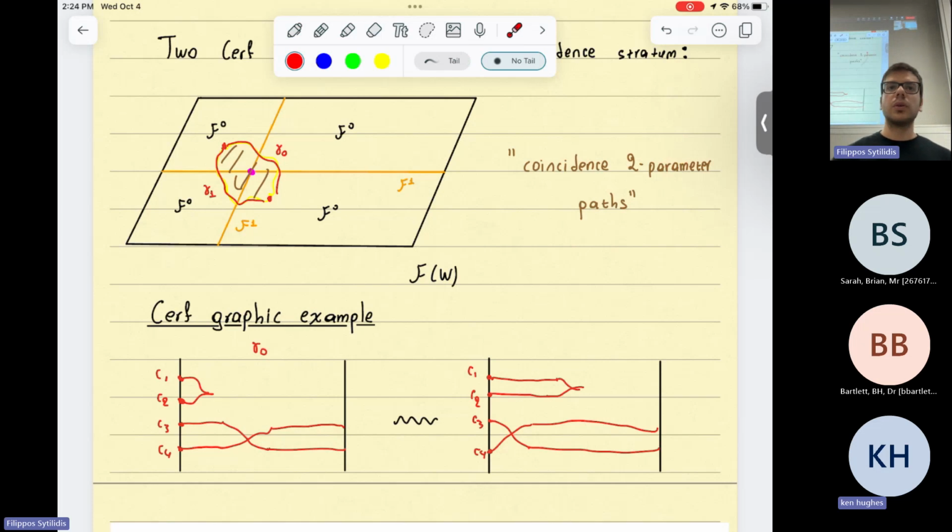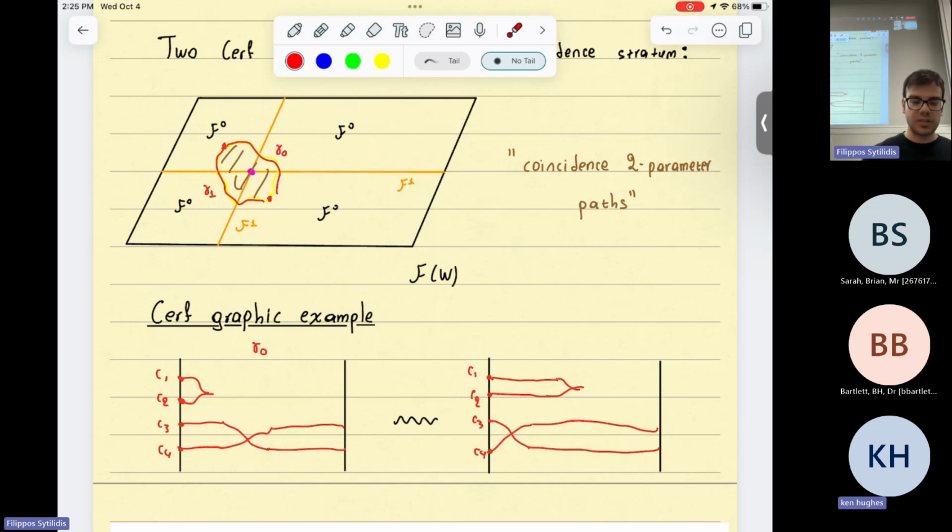And these are what I'll be calling coincidence two-parameter paths. And I'm just calling those coincidence two strata because, what's happening in the middle? In the middle, I have something that fails to be a Cerf path for an almost stupid reason, because I have a point where I have a function which has both a cusp and a crossing at the same time.